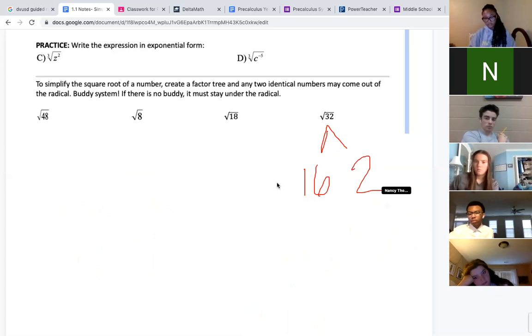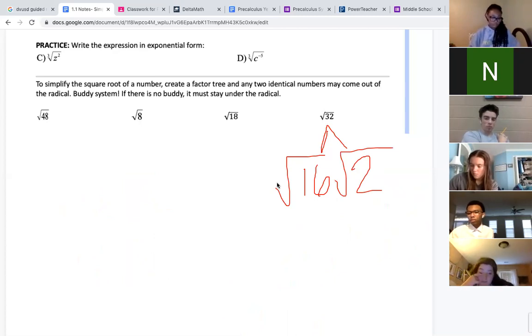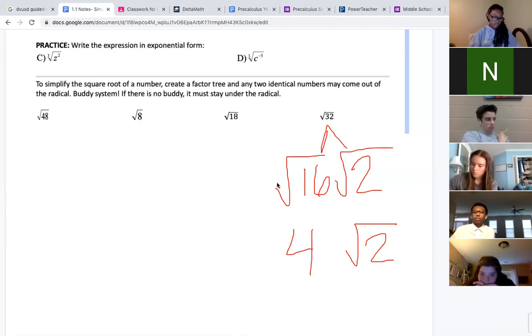Since 16 is what we call a perfect square, you can just take the square root of 16, which is 4, and 2. So if you recognize your perfect squares really quickly, so 4, 9, 16, 25, 36, etc., then you don't have to break it down all the way.